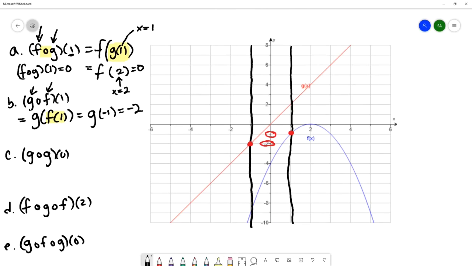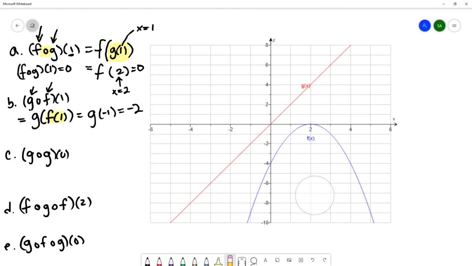Let's take a look at the next one. The next one says g composed with g of 0. Composition is substituting one function inside of another function. G is on the inside and the outside this time. G is on the outside, G is on the inside. We want to find g of 0.